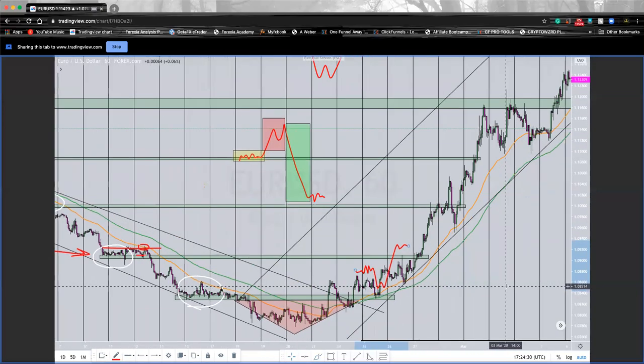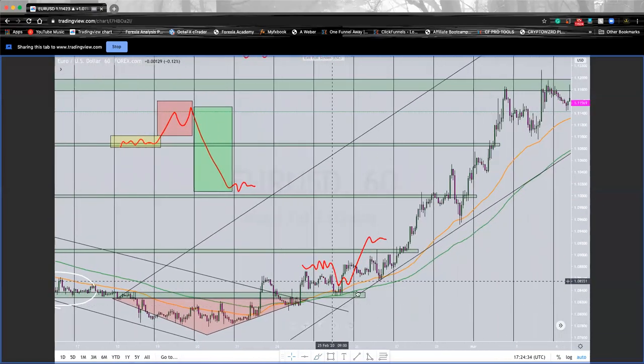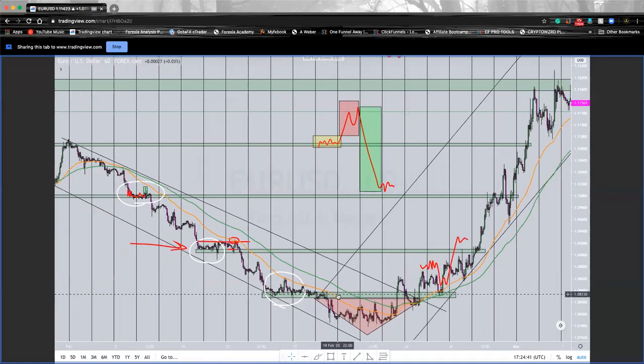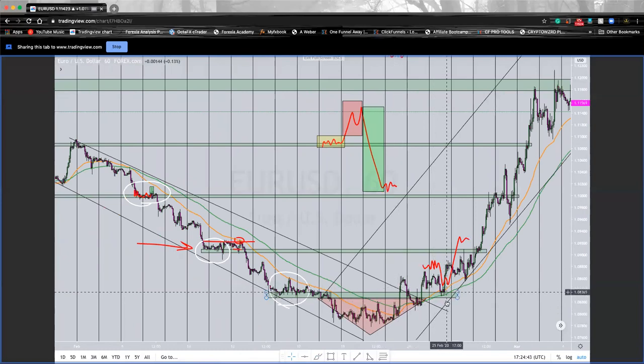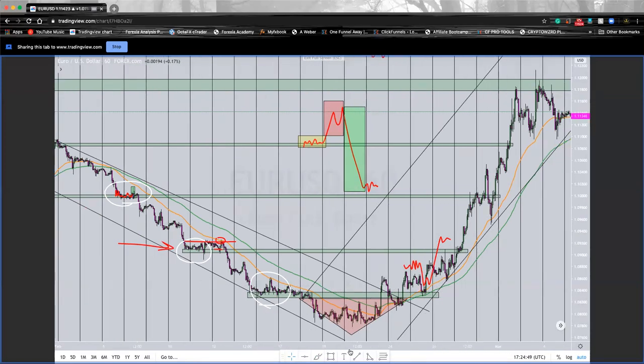So if I'm going to trade naked, as I just mentioned, I would leave this alone. But using these two moving averages, this actually becomes a perfect setup. You can take this trade with as low as 15 to 30 pip stop loss.